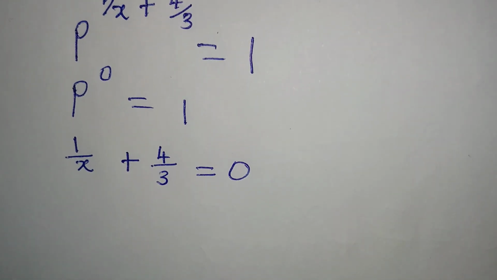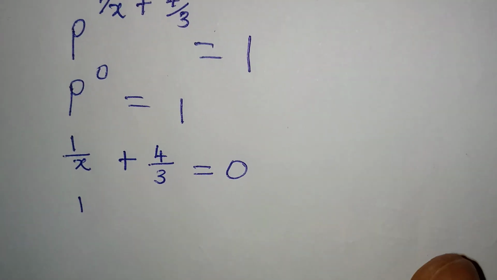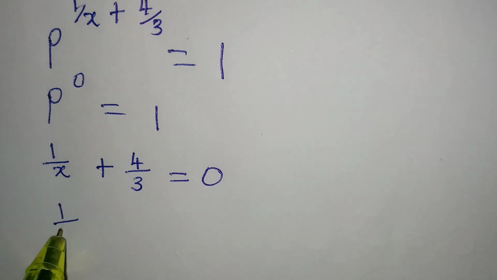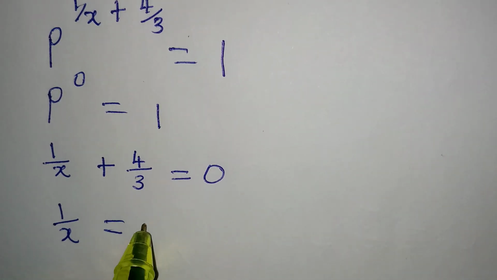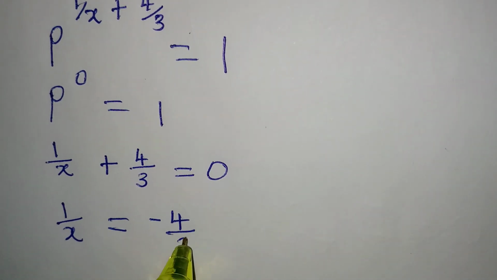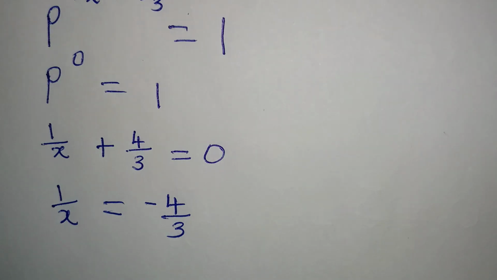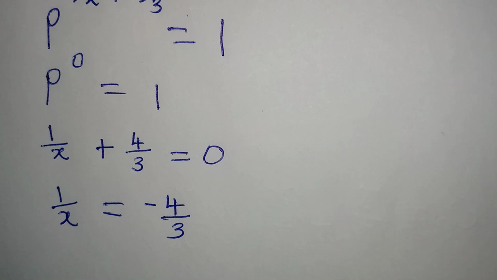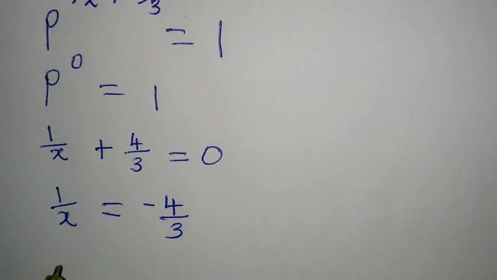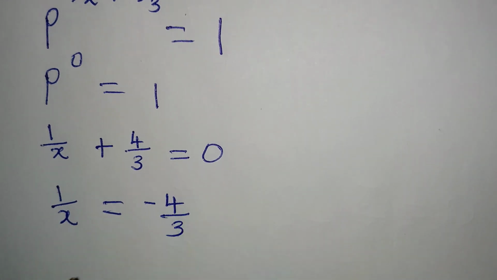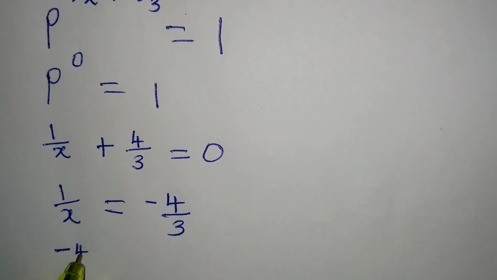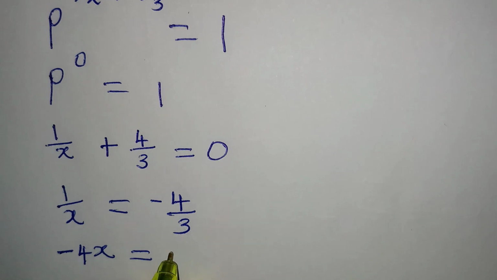If this is the case, I want to take this to the other side, so we have 1 over x equal to negative 4 over 3, because if you take this to the right, it becomes negative. Again, we can cross multiply. So we have 1 times 3 and x times minus 4: minus 4x equal to 3.